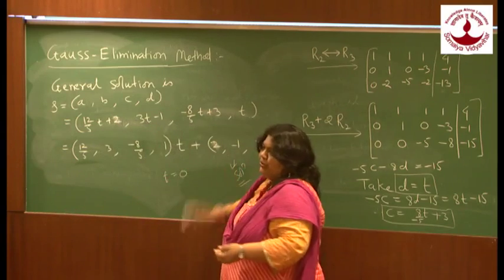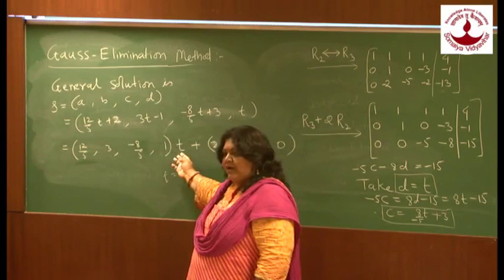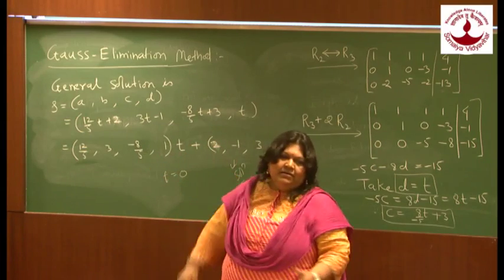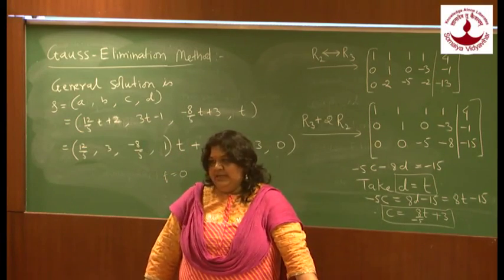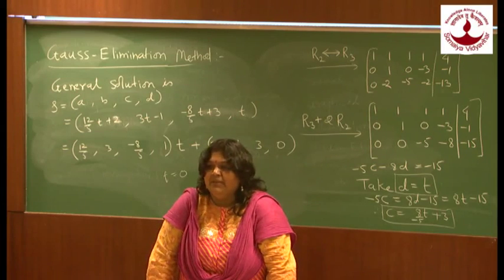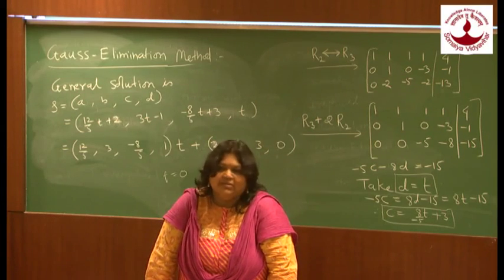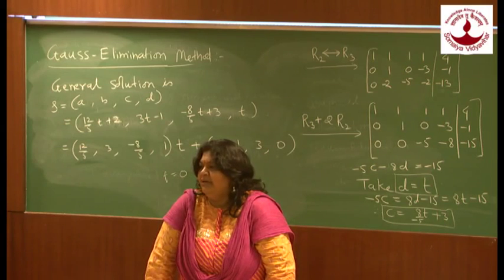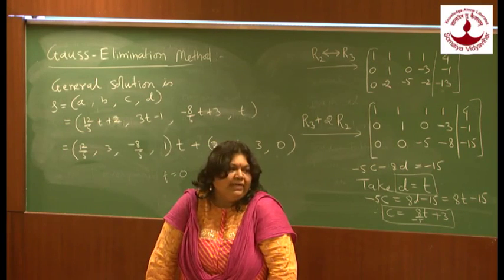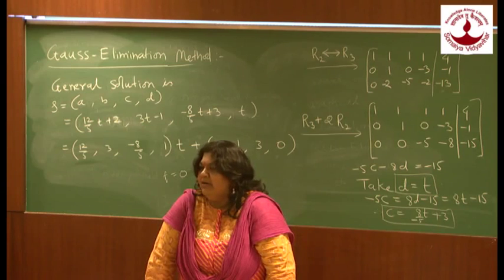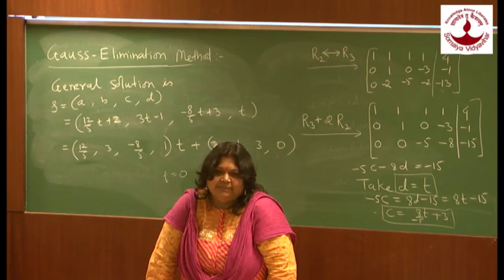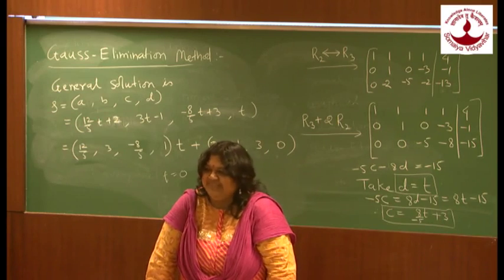So this is one solution. If you put t equal to 1, minus 1, you will get many other solutions from it. Right? So this was an example of how to use the Gauss elimination method using elementary row operations to find a solution of a system of linear equations. Okay. Thank you.